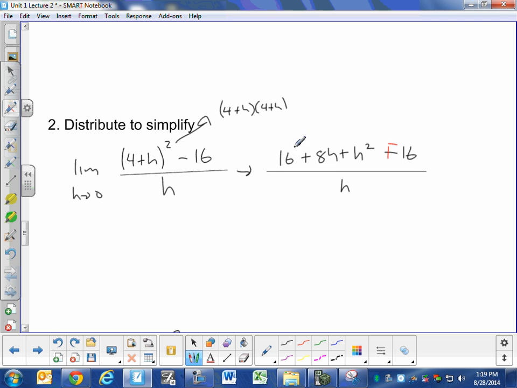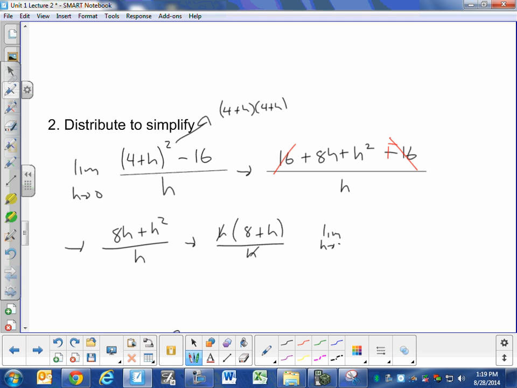We can eliminate the 16 and the minus 16, giving me 8h plus h squared over h. I could either divide everything by h, or I can factor out the h. The h's cancel. The question now is, what is the limit as h approaches 0 of 8 plus h? Plug in 0 for h, 8.